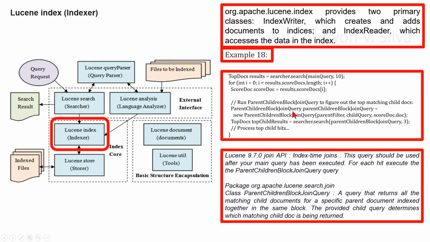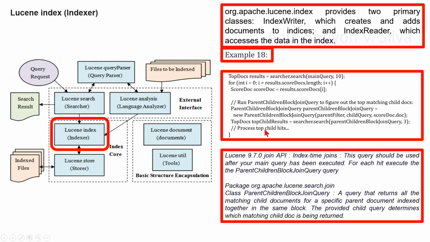Now we are considering index time joins in the Lucene 9.7.0 join API. It's Lucene's join module. This query should be used after the main query has been executed.